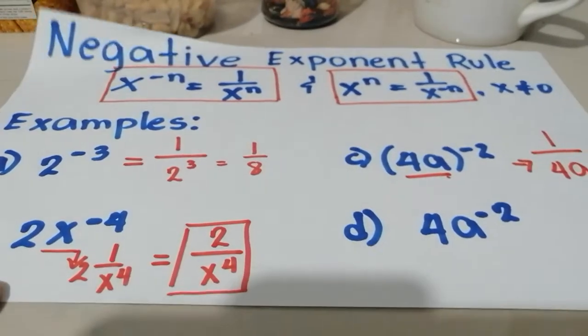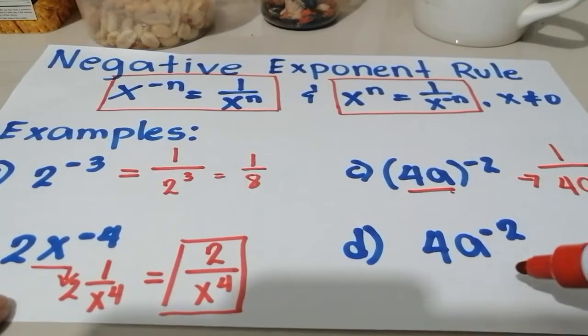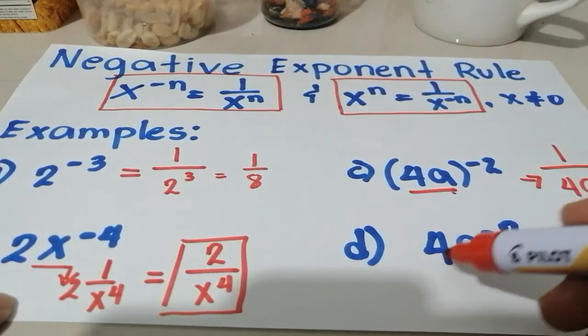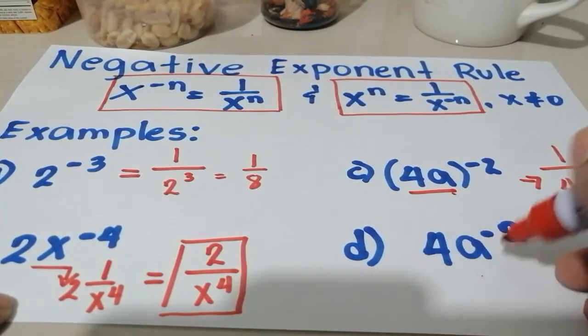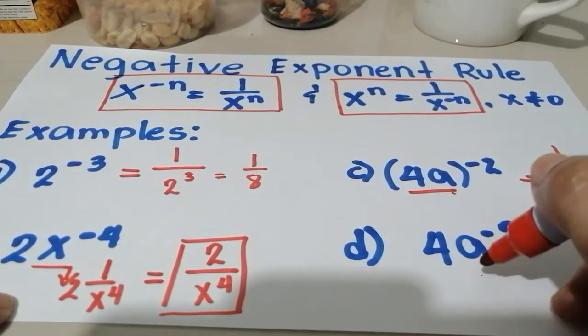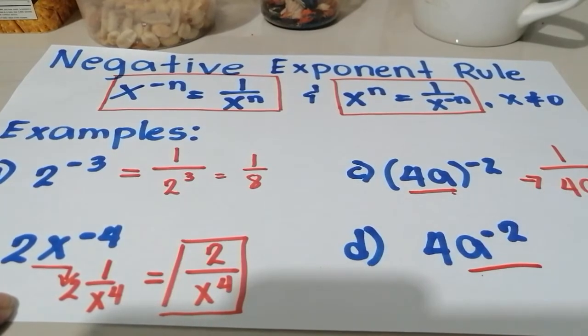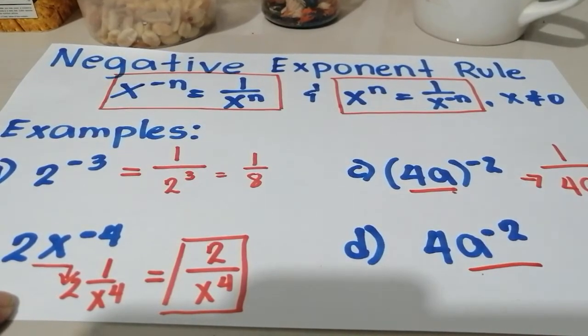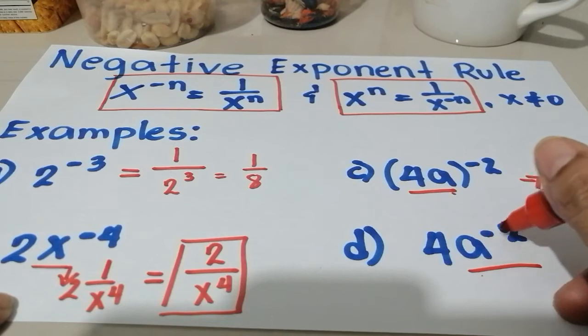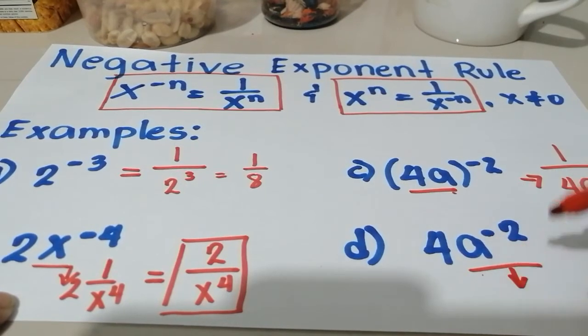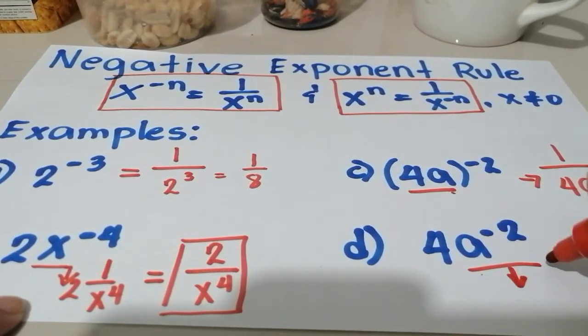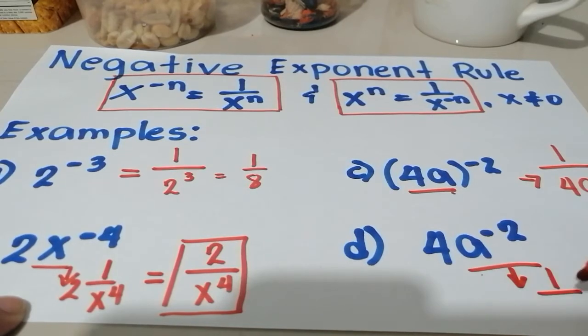Okay? So, next, what about if we have this? So, this time, look, pareho pa rin 4a, but this time, the one with the negative exponent is only a. Okay? So, meaning, this a here, with the negative exponent, that's the only one that we need to make into a fraction. So, that will be 1 over a raised to the second power.